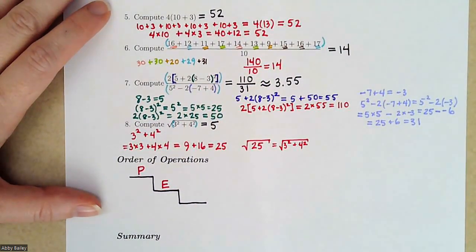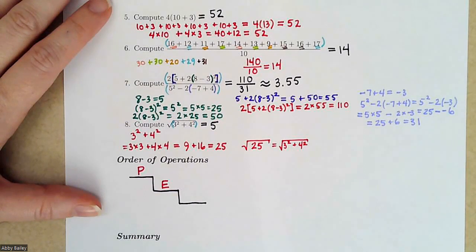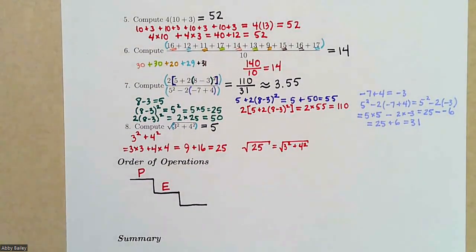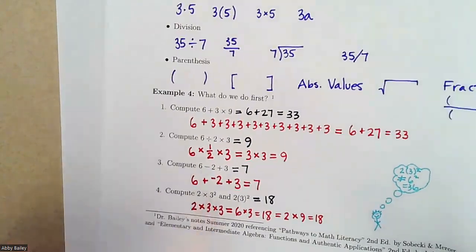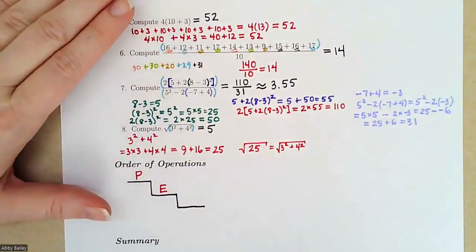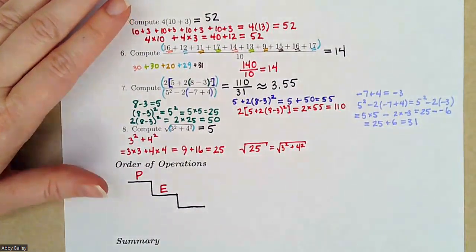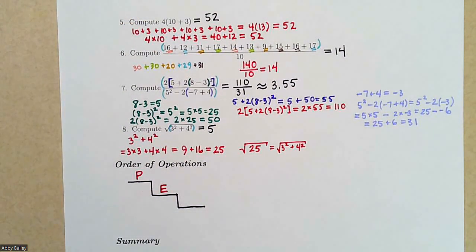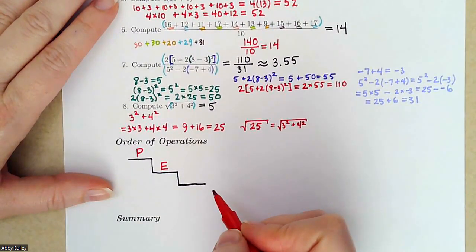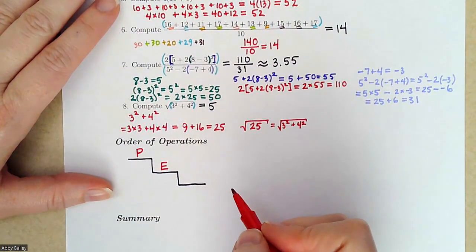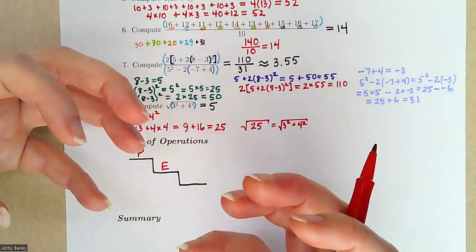So zero in on the parentheses first, then take care of the exponents, like in this problem. And then after exponents, what about multiplication, addition, and subtraction? Like all of those operations.